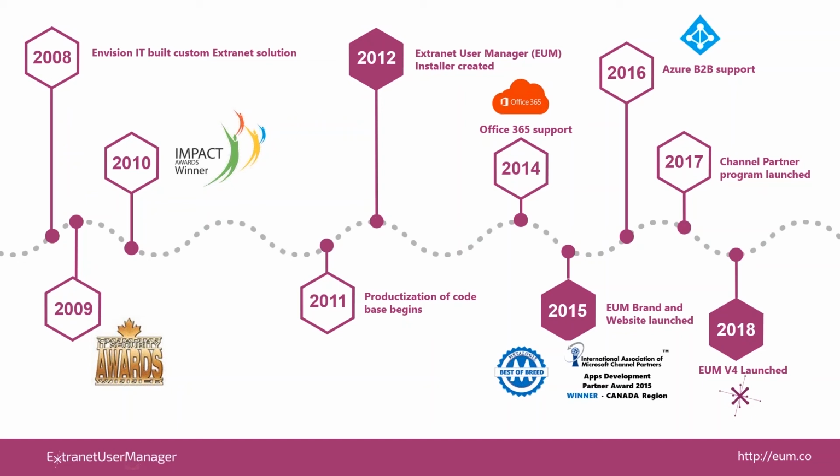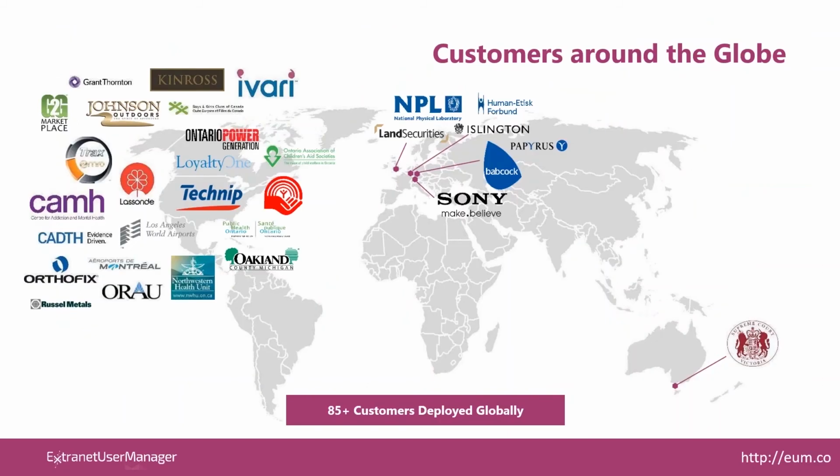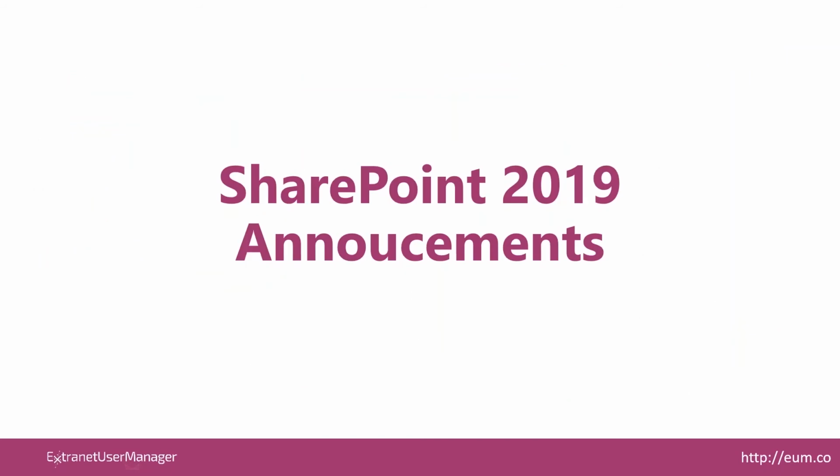We launched it as its own brand in 2015, added Azure B2B support to extend the Office 365 side in 2016, launched our partner program last year, and this year we've launched version 4 of Extranet User Manager, which is our latest version. The product's in use with clients primarily across North America, Europe, and a little bit in Australia and Asia as well, so lots of different customers deployed globally.